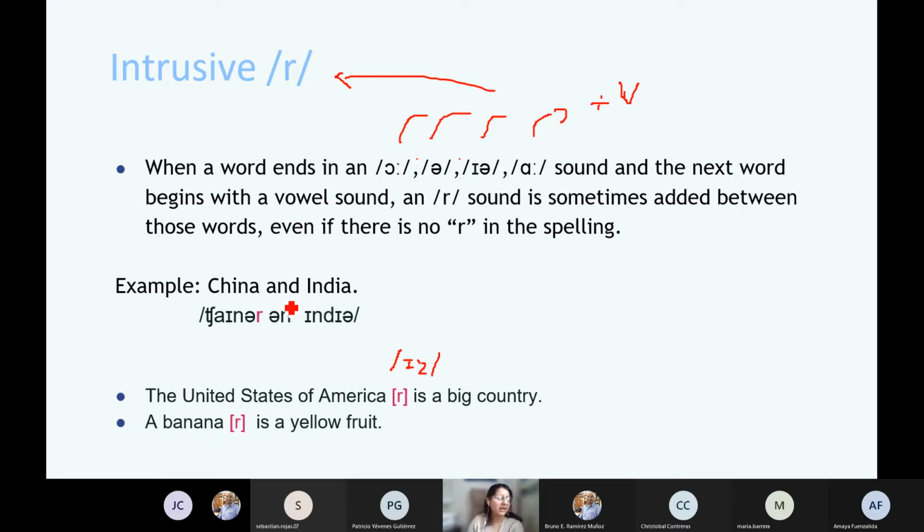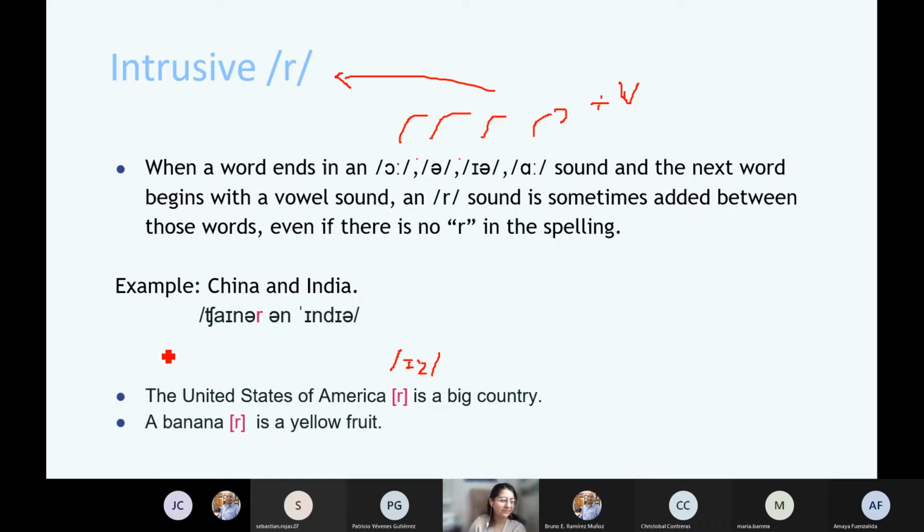And the same happens with the last one, in which we have a banana, followed by "is" as well, and we're going to say a banana is a yellow fruit.